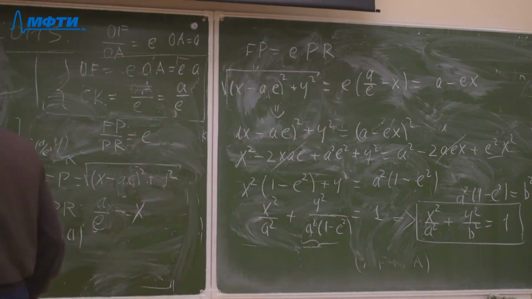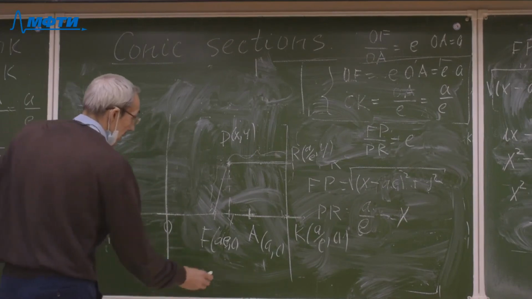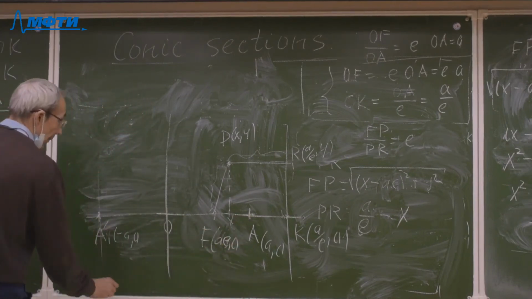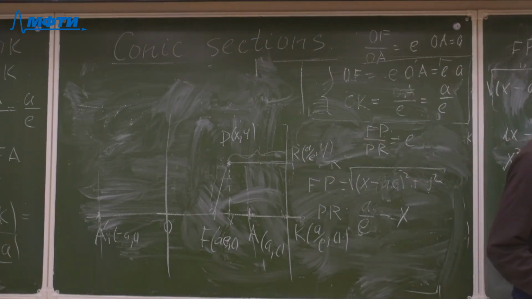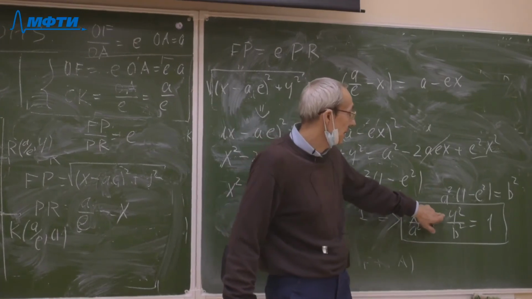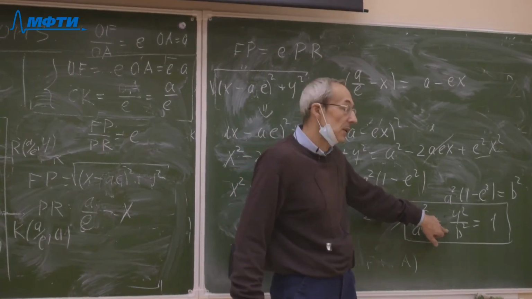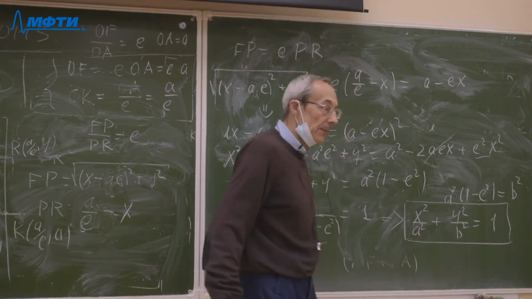And we obtain these points A prime and A. Also, if x is equal to 0, we obtain that the ratio y square over b square is equal to 1, and y is equal to plus or minus b.